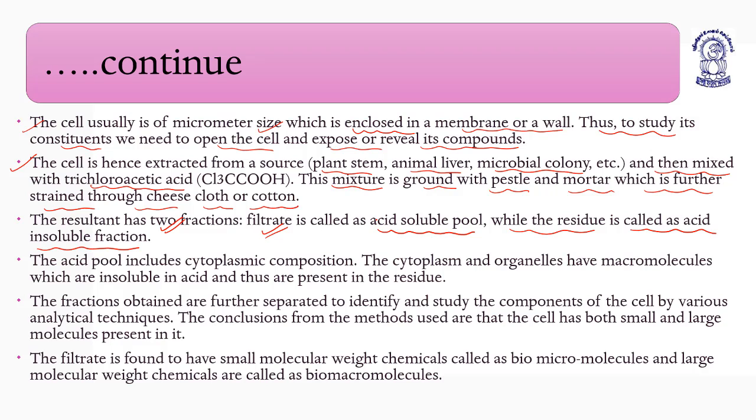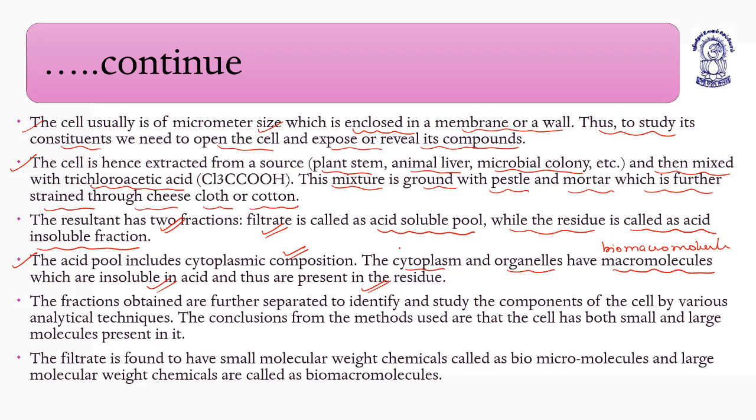The acid soluble pool includes the cytoplasmic composition. The cytoplasm and the organelles have macromolecules, also known as biomacromolecules, which are insoluble in acid and thus are present in the residue.